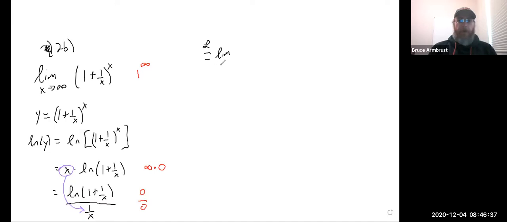Okay, so we're going to now have the limit as x goes to infinity of, well, let's differentiate. With the natural logs, remember the process for those, we're going to get a fraction. On the bottom of that fraction is what's inside of the log. So that's going to be 1 plus 1 over x. And then on top, we need the derivative of what's inside the log. So the 1 goes to 0, and 1 over x, its derivative is negative 1 over x squared.